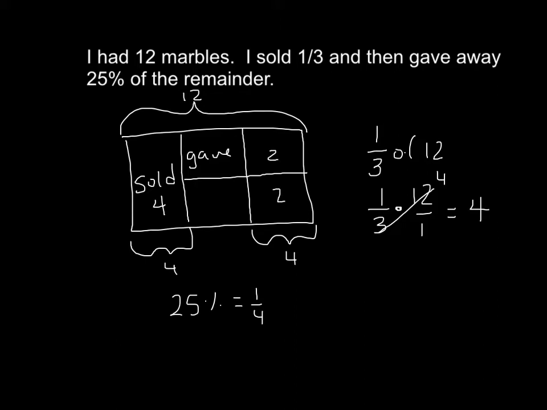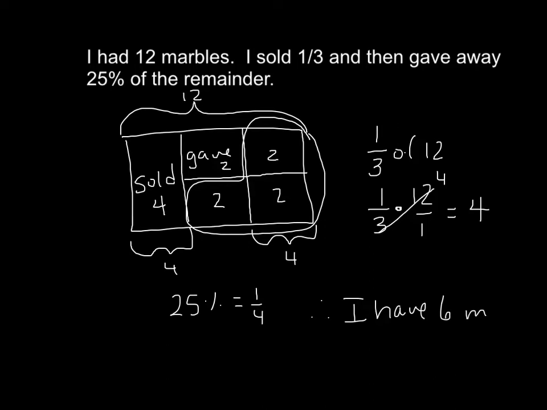And then I can tell that this fourth must be 2 also. And then if I want, I can say he must have given away 2 marbles. So it asks for how many marbles are left. So if I circle what's left, I can see that I have 6 marbles left after selling and giving away some of the marbles.